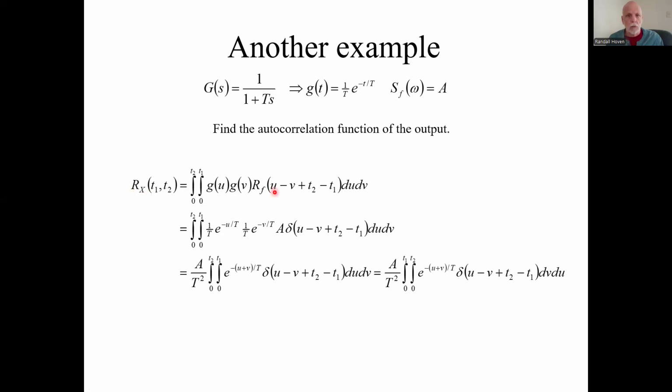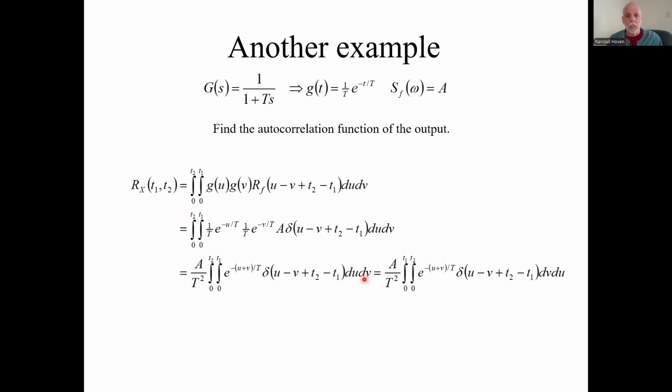So here's our formula for the autocorrelation function, and here it is in this case. It's the weighting function G, with the two different arguments U and V, times A times the Dirac delta function of this argument. So here's the double integral we need to take.